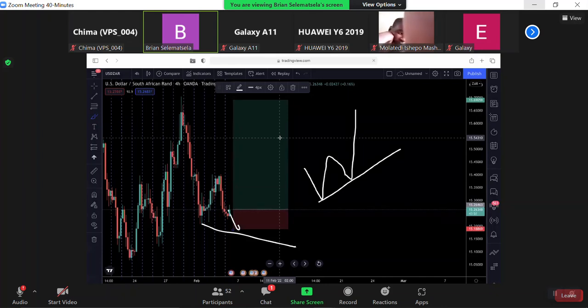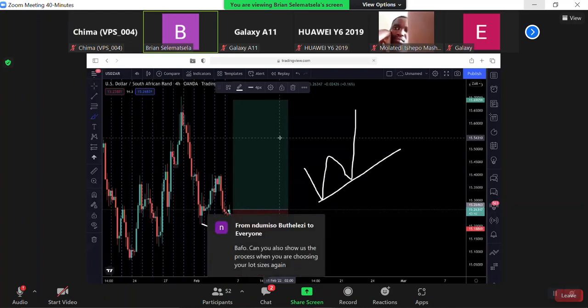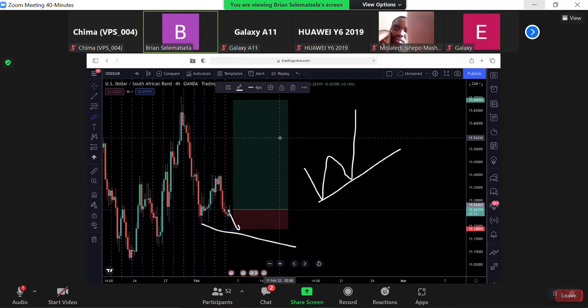Because the spread of this pair is not like any other spread. It is quite heavy. So don't just go all out to a point where you exhaust your free margin, so it can disturb your trade.